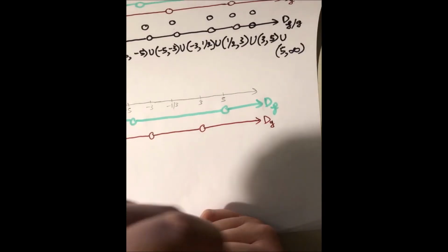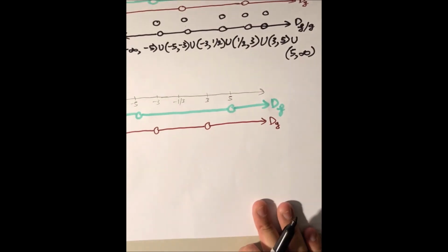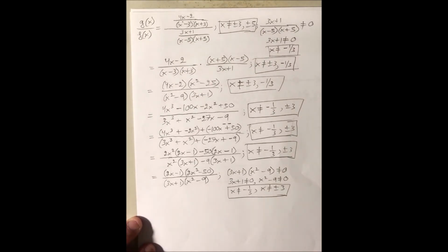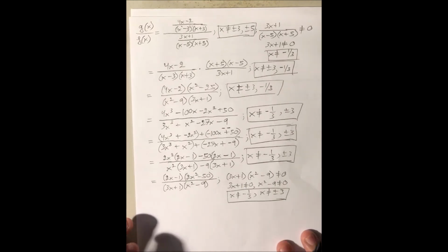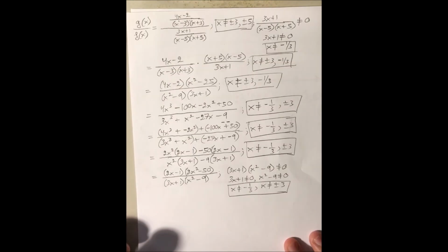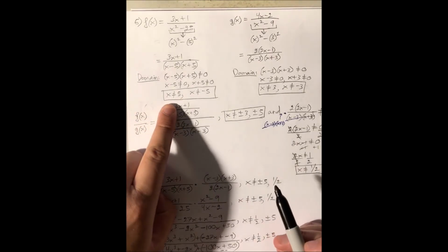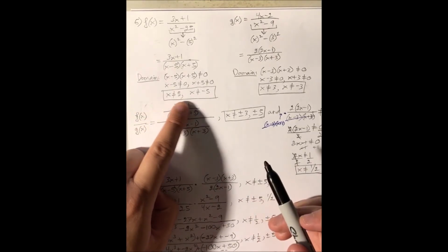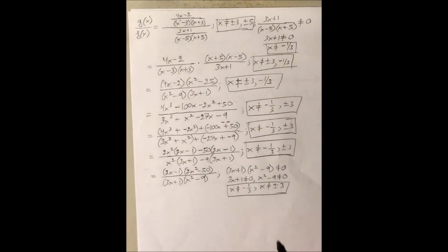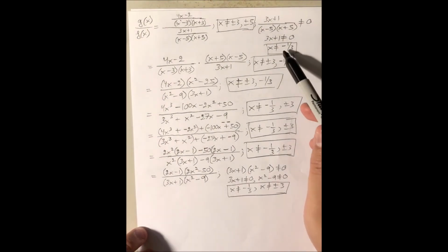And looking at the domain of the function f, the domain of the function g, and all of the restrictions of every step of the simplification process of the quotient g over f, we can tell that all of the restrictions put all together are just, again, x cannot be plus or minus 5, x cannot be plus or minus 3, and x cannot be equal to negative 1/3.